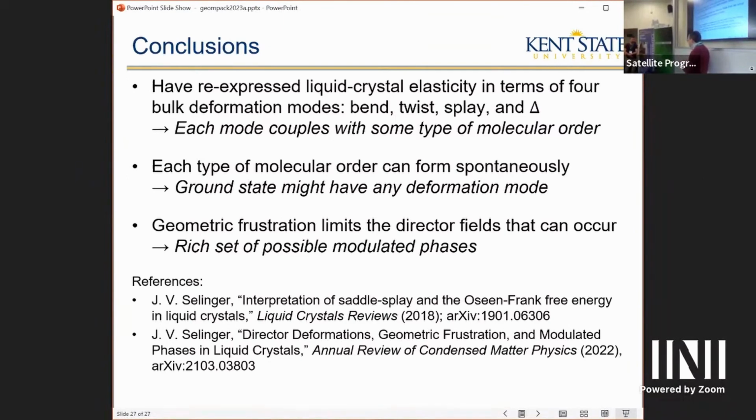I think that's what you're getting at there. And there are experimental examples of that, and that makes complicated situations where the ground state is not uniform, but could have some spontaneous distortion, and you need something to stabilize it. Yes. Okay. Great, thank you.